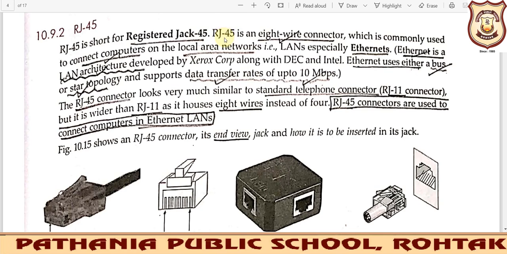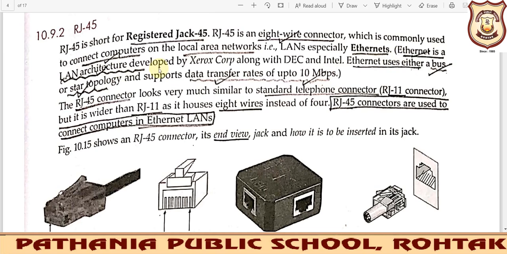It is an 8-wire connector, which is used to connect computers on the LAN. If you want to connect a computer to the LAN, you must have one end of the wire that looks like this. When this is inserted inside the slot of the CPU, your system will get connected to the internet. You know the LAN, Ethernet. What is Ethernet?